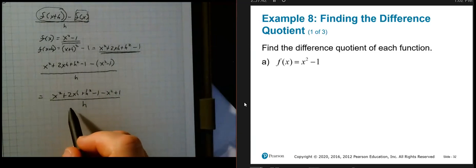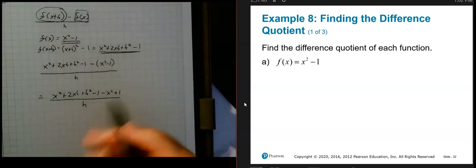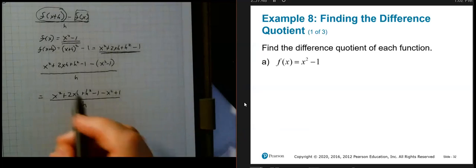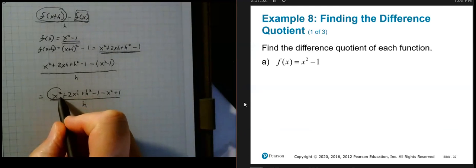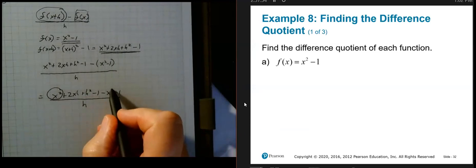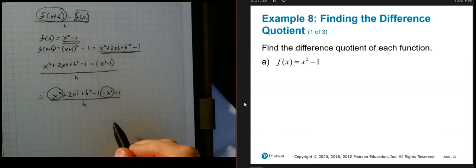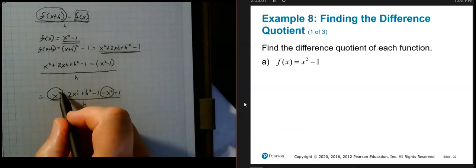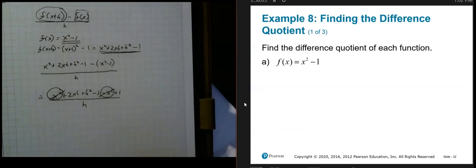Okay. So now I go through and I look for like terms. Here I do have like terms. I have x squared and I have minus x squared, and x squared minus x squared goes to 0. They cancel out.